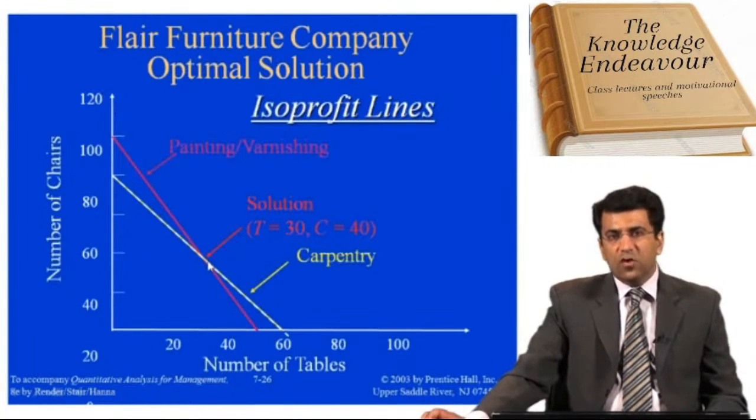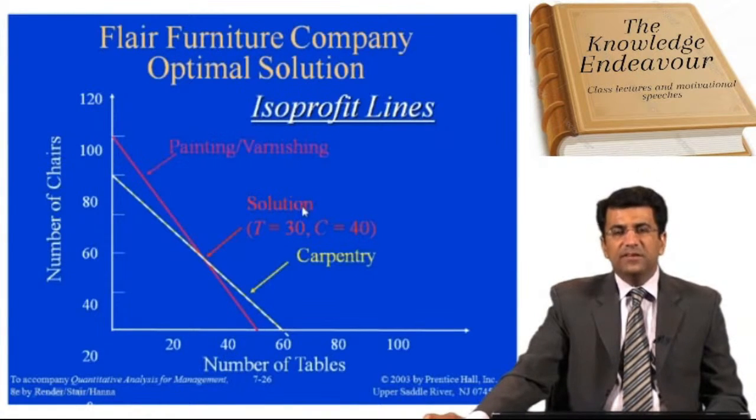So again, if you use the corner point method, the optimal point will remain the same. Either we use the iso-profit line method or we use the corner point method, in either case our profit will be maximized by making 30 tables and 40 chairs.